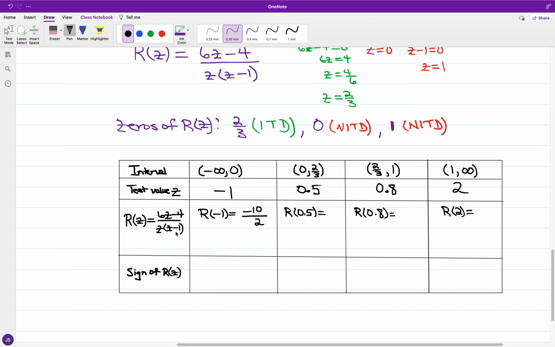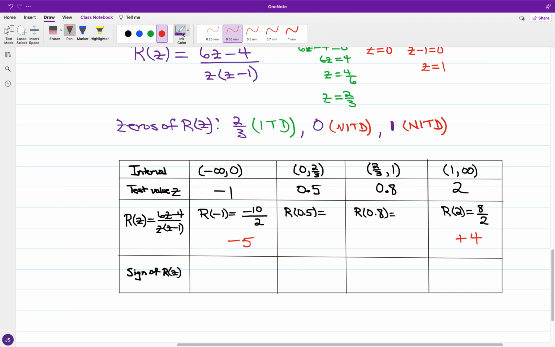So we end up with -10 over 2, so r of -1 is -5. Working with r of 2, 6 times 2 is 12 minus 4 is 8, and we got 2 times 2 minus 1, so that's 8 over 2, which goes to a positive 4.